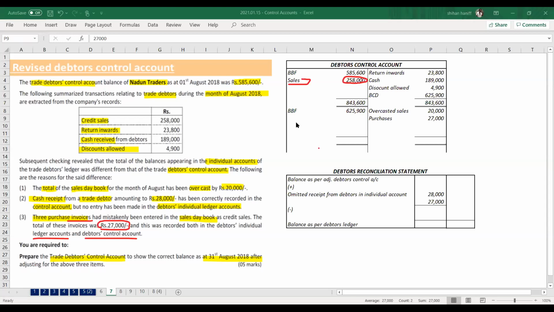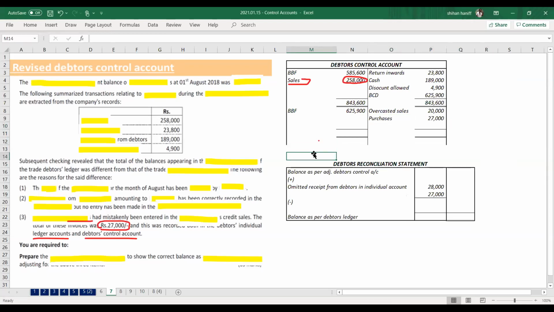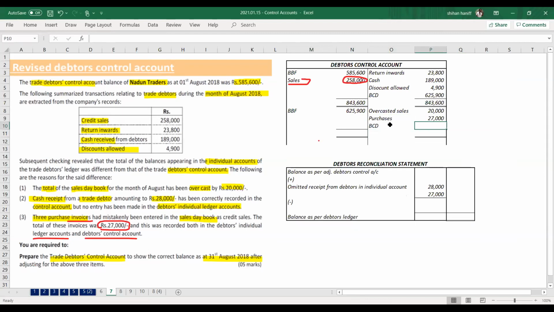Then calculate the closing balance. Balance breakdown. So this is the adjusted control account balance.